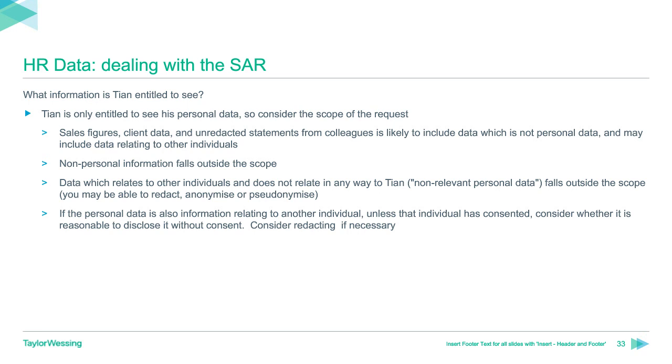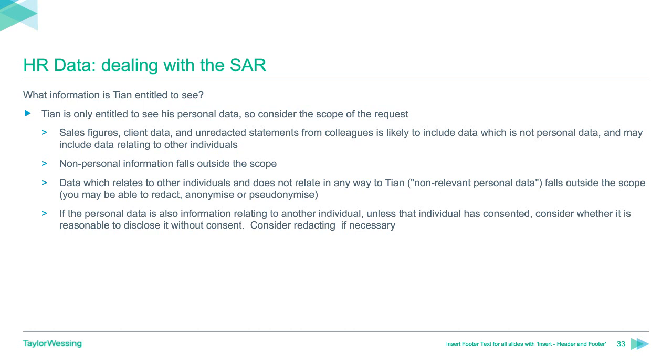Make sure that you identify data which relates to other individuals and doesn't relate in any way to the employee, so to Tian. And again, you don't need to provide this, and you could redact, anonymise or pseudonymise it if you need to. If the personal data relates to Tian, but it's also information relating to other individuals, unless that other individual has consented, you'll have to consider whether or not it's reasonable to disclose the information without their consent.